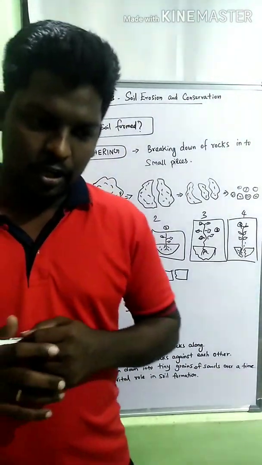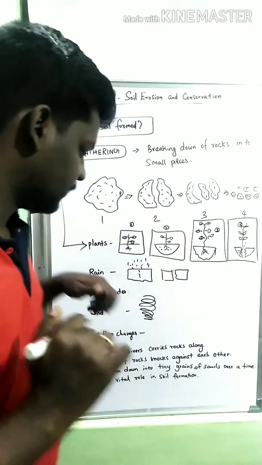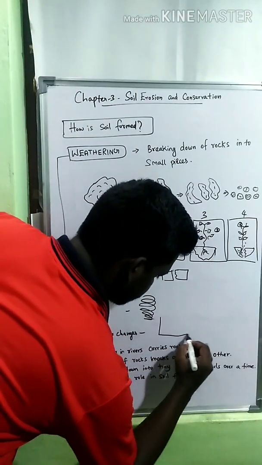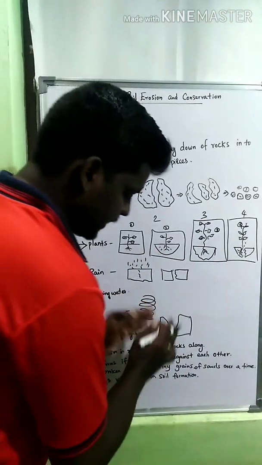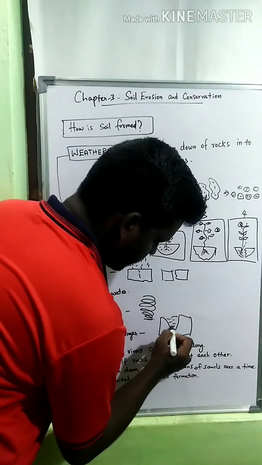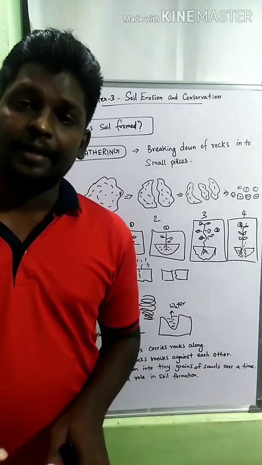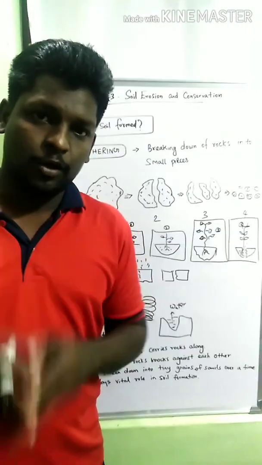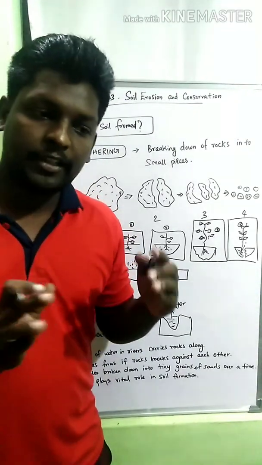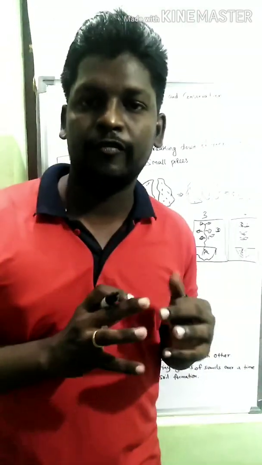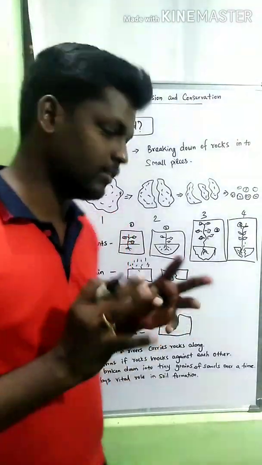Next, weather changes. Weather changes in the sense not only heat but also cool temperature. For example, two rocks are there. Consider it is a rock, and in the center area, water is residing. In the night time, the temperature is very low, which can make the water freeze. That much low temperature will be available in between these rocks, so the water freezes.